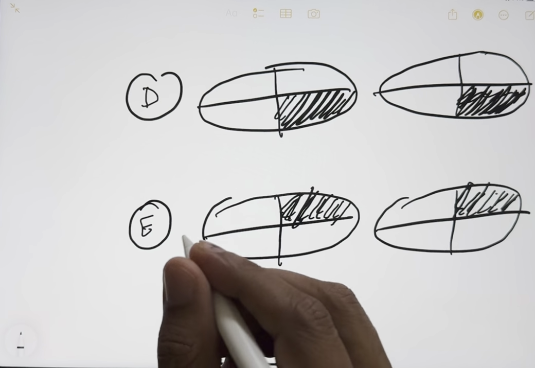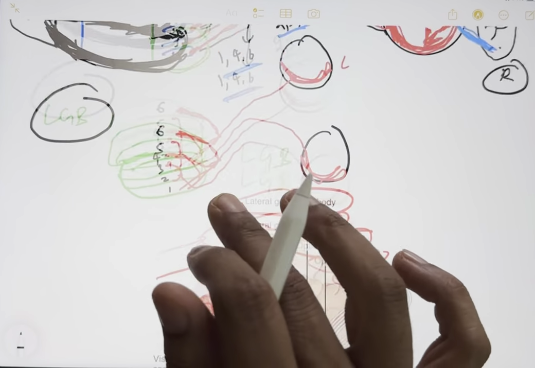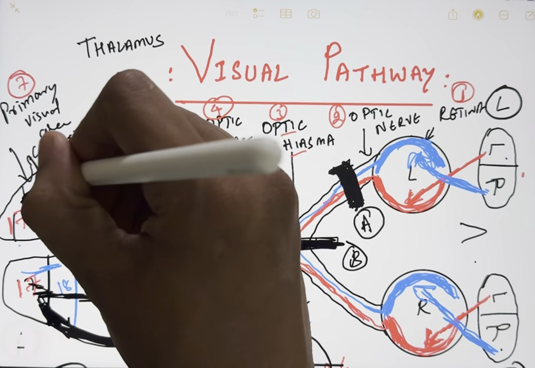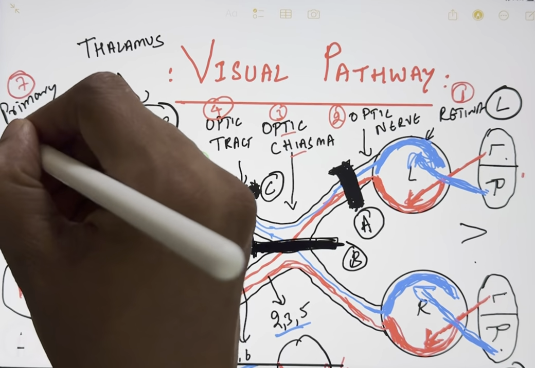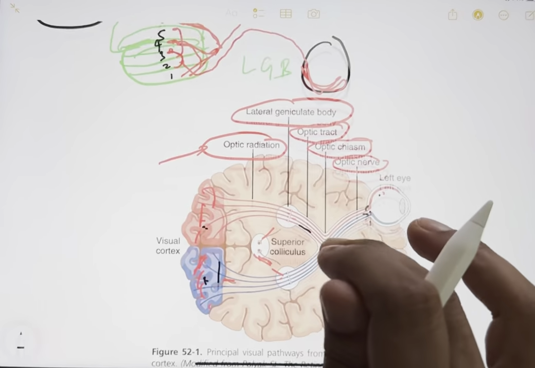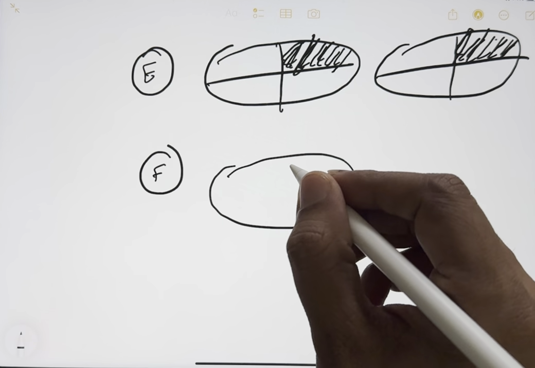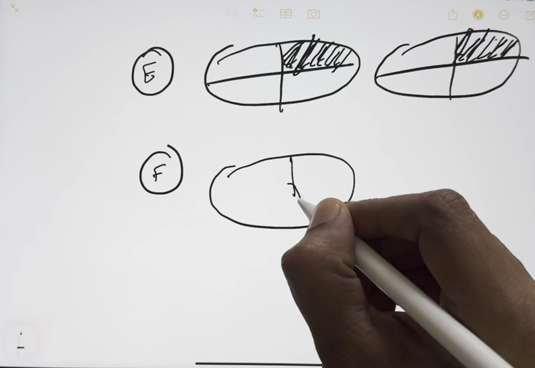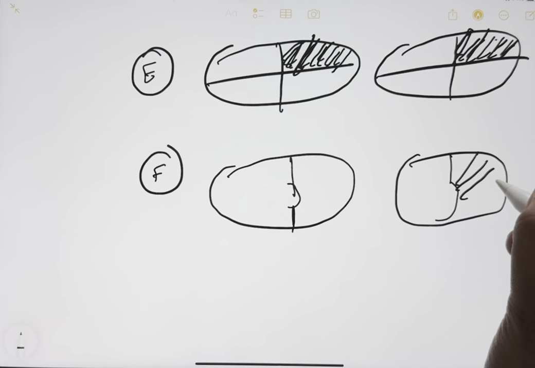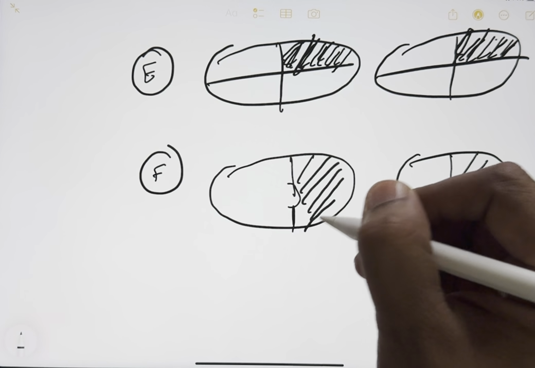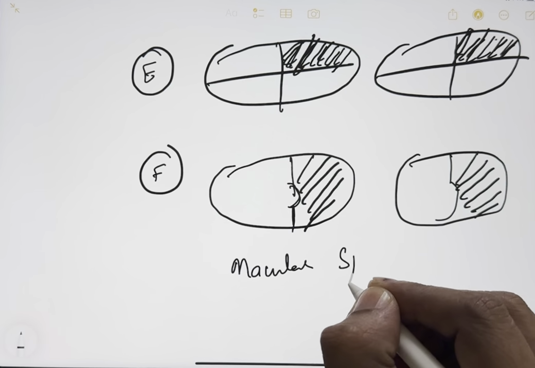Okay. So, this is the optic radiation, and finally, if the lesion is on the posterior most part near the visual cortex here, that is the F lesion, just before the primary visual area, then there will be right sided hemianopia with macular sparing.